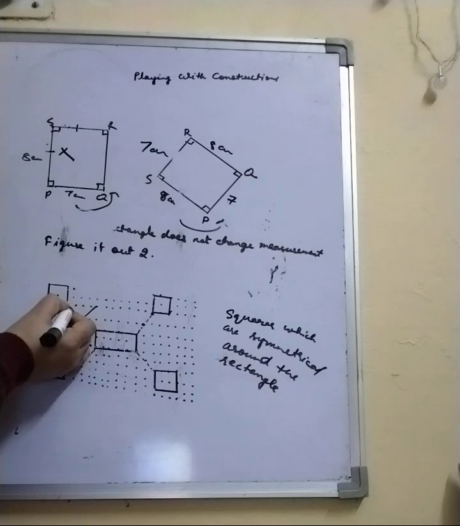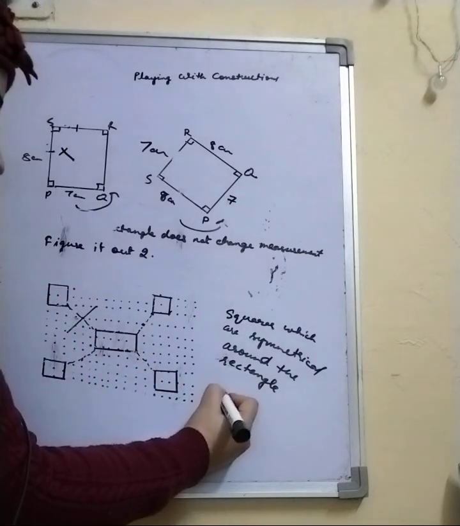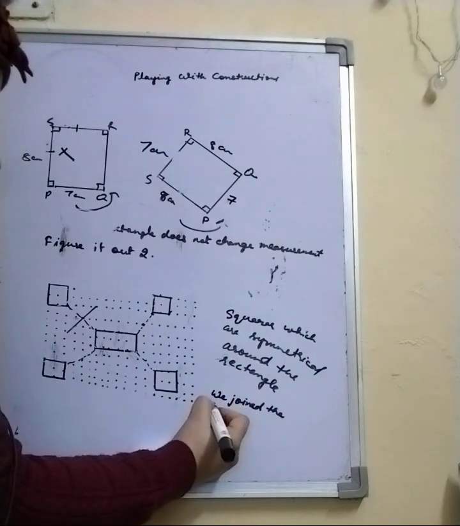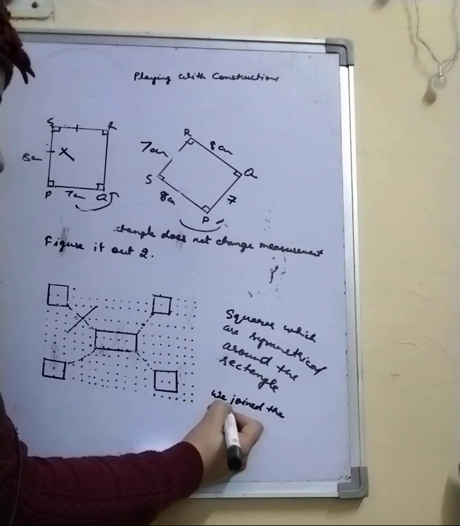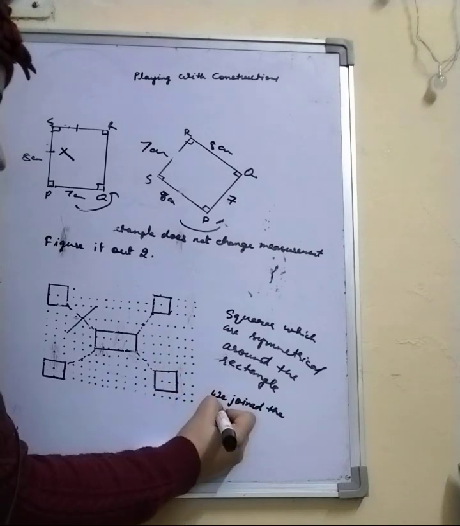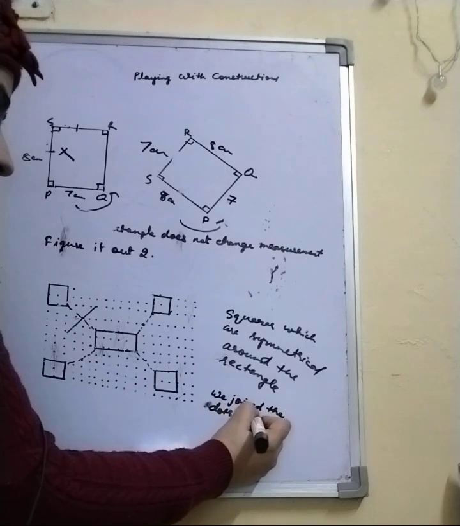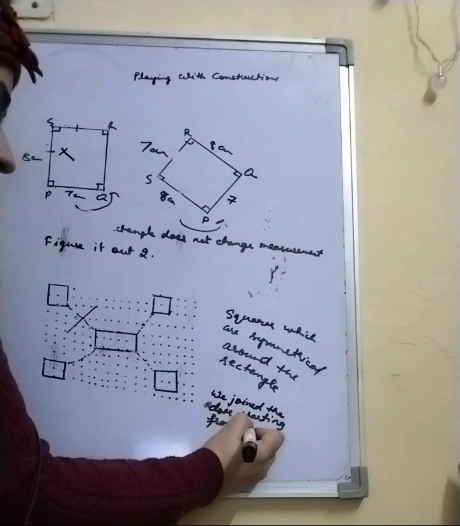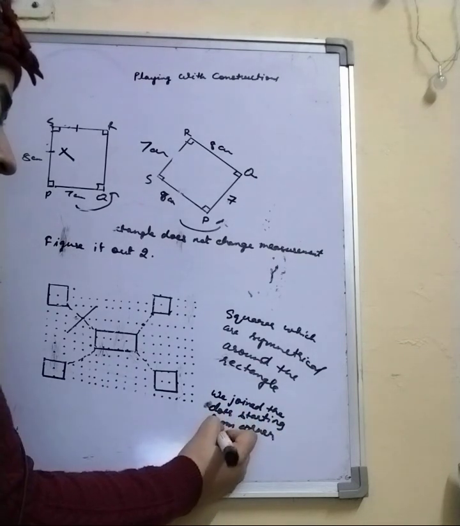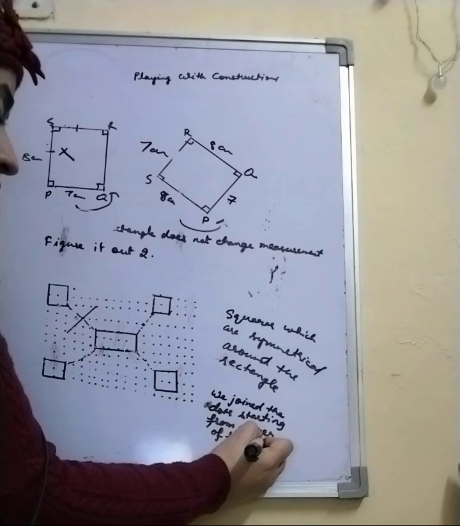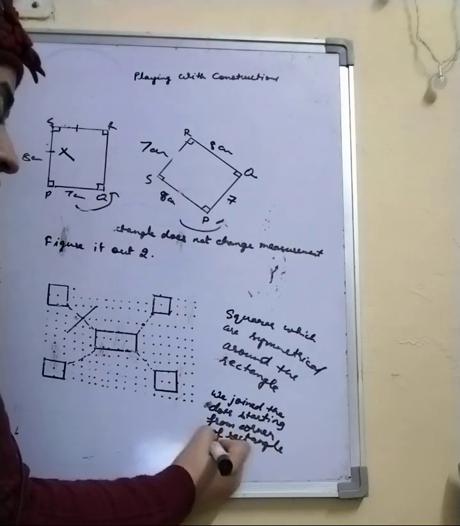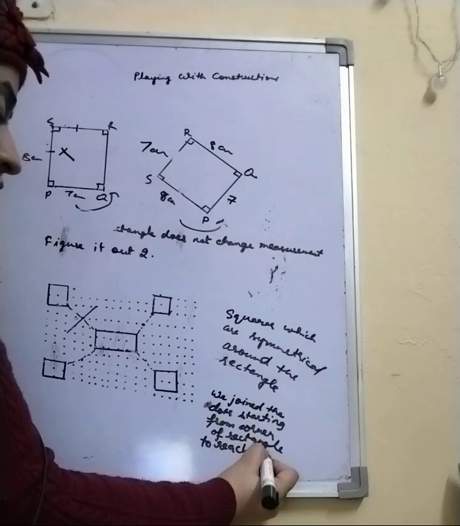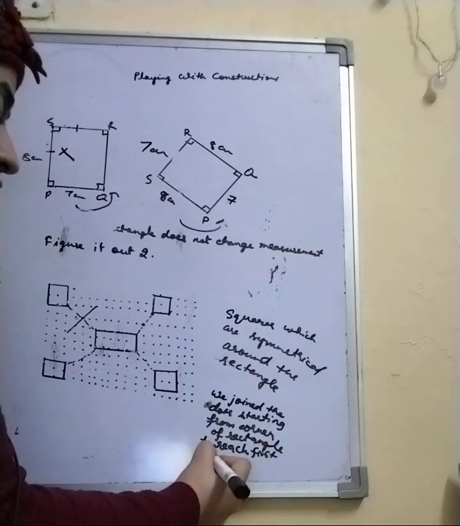Diagonally joining the dots, you would say that we joined the diagonal points, joined the dots starting from the corner of the rectangle to reach the first corner of the square.